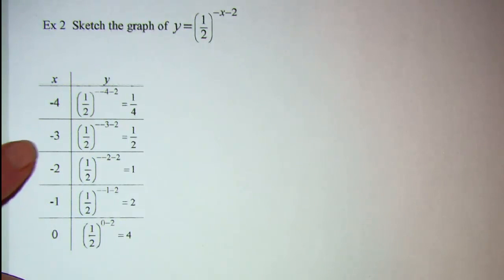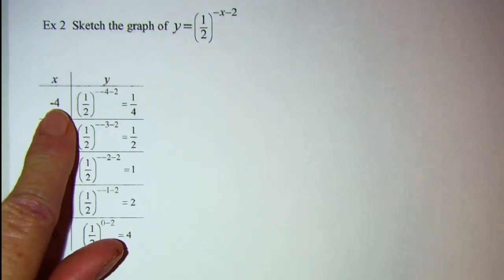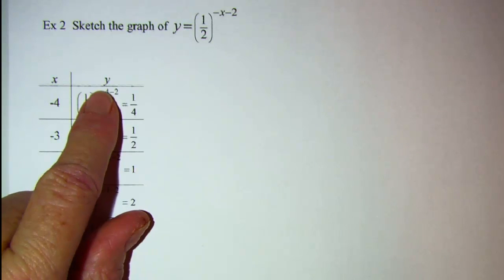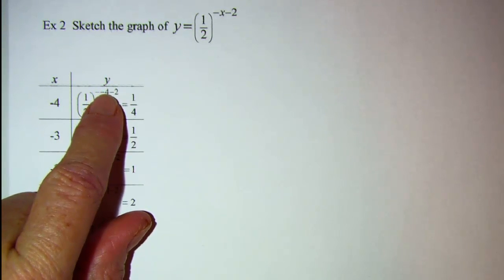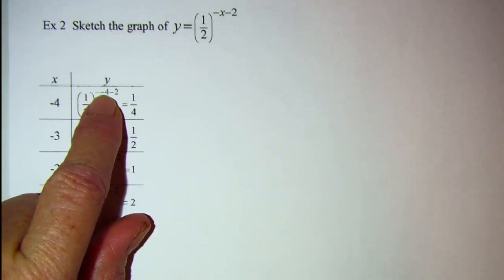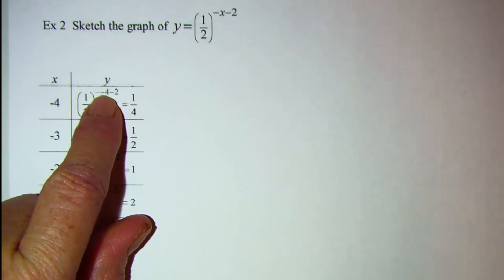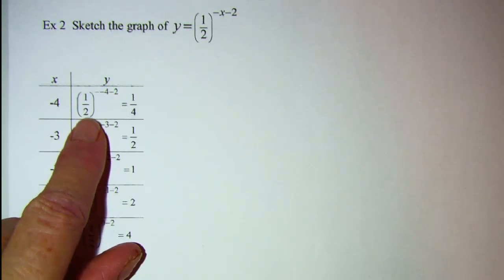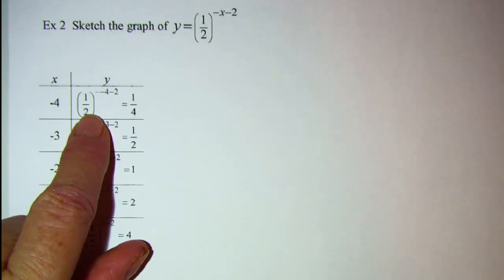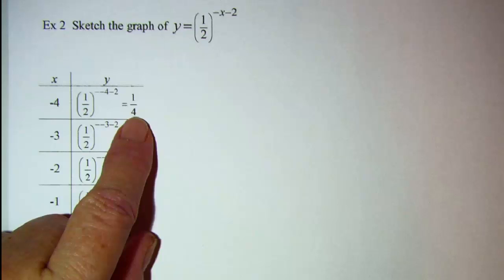Then give myself 2 x values to the left of negative 2 and 2 x values to the right of negative 2. When x is negative 4, I have negative of negative 4, which is positive 4. So this exponent now is 4 minus 2, which is 2. 1/2 raised to the 2 power is 1/4.